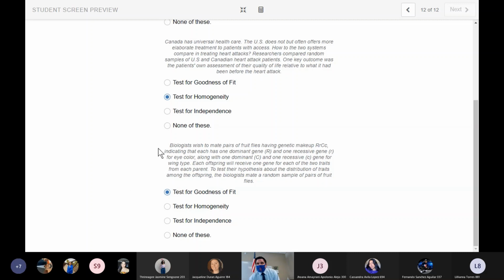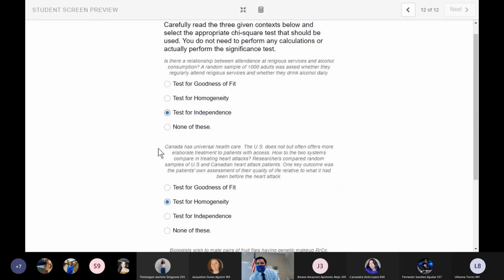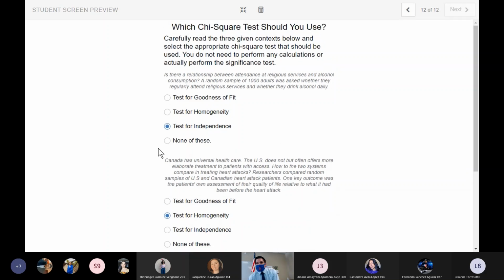Are there any questions here? So for the test for independence, if you see them say, is there a relationship between this and this? That's a clue that you're doing a test for independence.